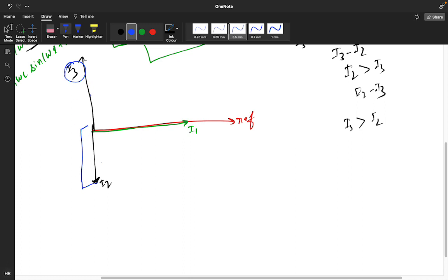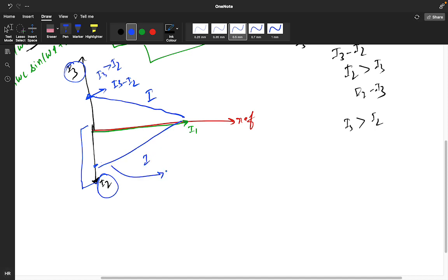So it will give some result here. This will be I3 minus I2, and the summation will give you your I current. Here I am considering I3 is greater than I2. If I2 is greater, then this particular thing will be minus by this particular thing, and it will give some result from here, and this will be I. So it will be I2 minus I3.